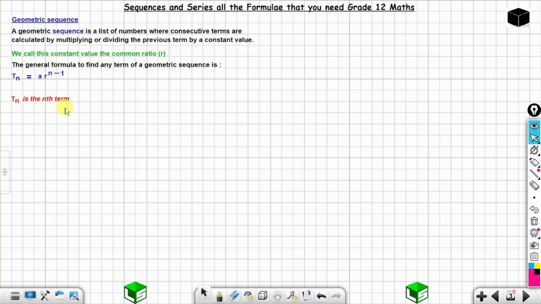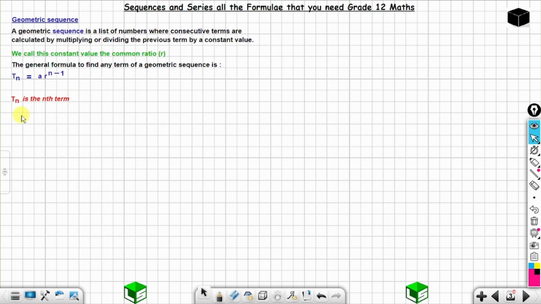Tn represents any term of a geometric sequence. It can represent T1, T2, T3, T4, and so on.